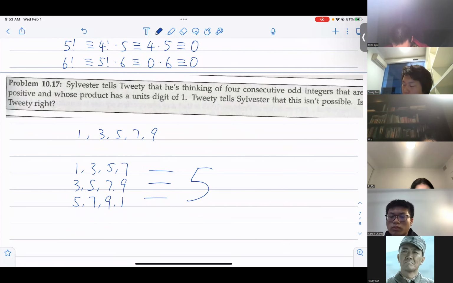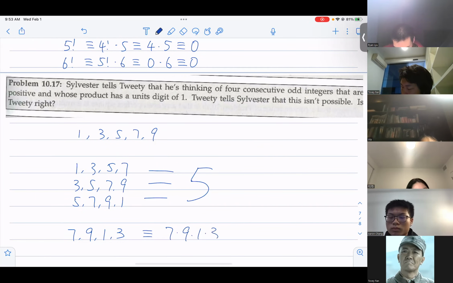The only one that doesn't have a 5 in it is if you start from 7, right? So 7, 9, 1, 3. This is basically 7 times 9 times 1 times 3, right? So you do 3 times 7, 21. So 1. 1 times 1 is 1. 1 times 9 is 9. The unit digit is going to be 9.